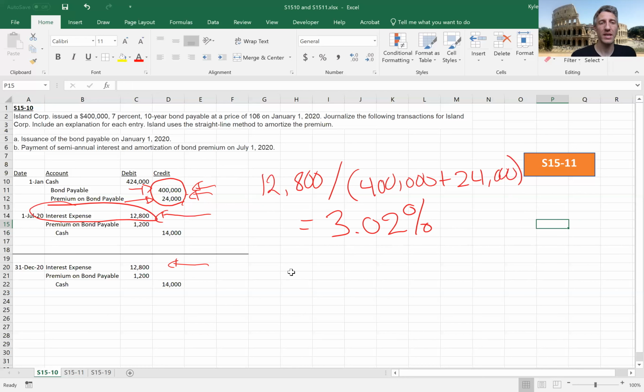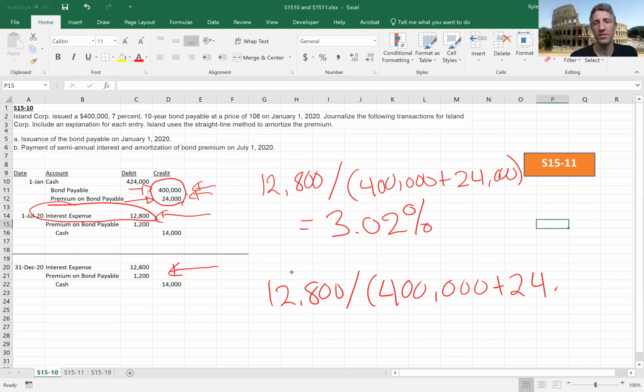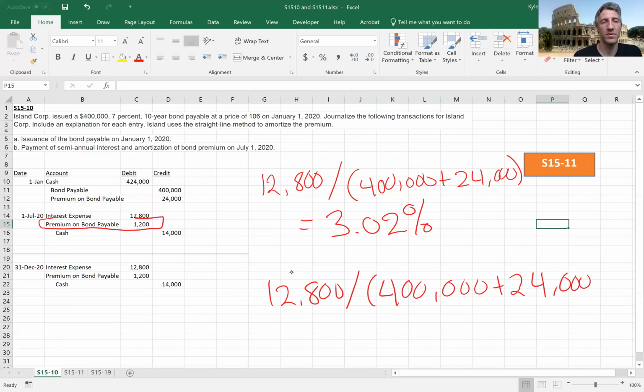Now, if I were to do the same thing with the December journal entry, remember the interest expense doesn't change. So it's going to be 12,800 divided by the face value of the bond payable plus the companion account, 24,000. We need to actually deduct how much we lowered it by in the previous period. Remember, we lowered it by debiting it in the prior period.